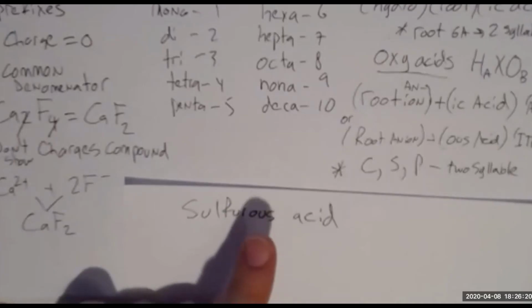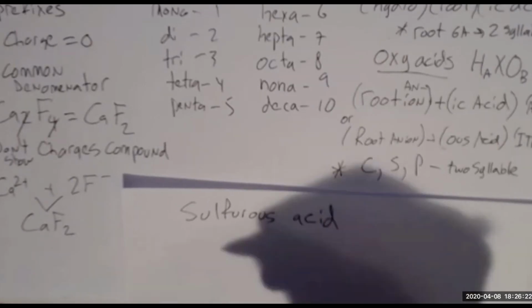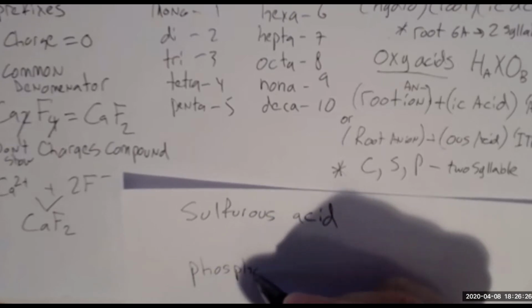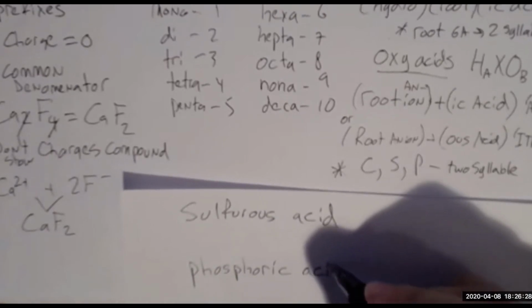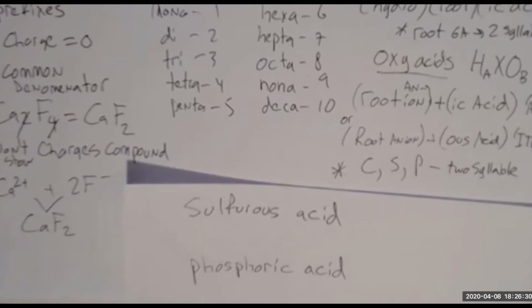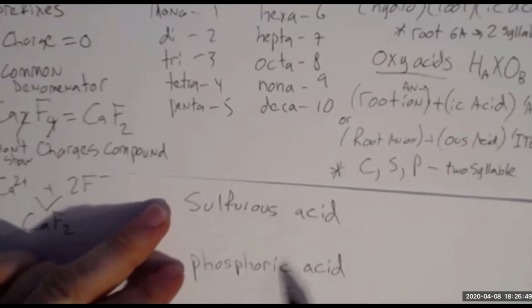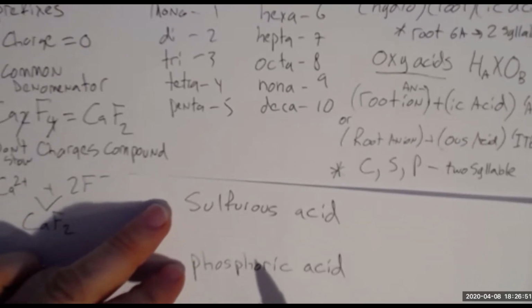Well, what about phosphoric acid? Is that an oxyacid or a binary? It's an oxy. So this one doesn't have OUS, but both of these are oxyacids.